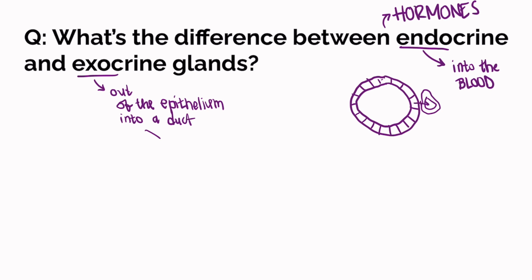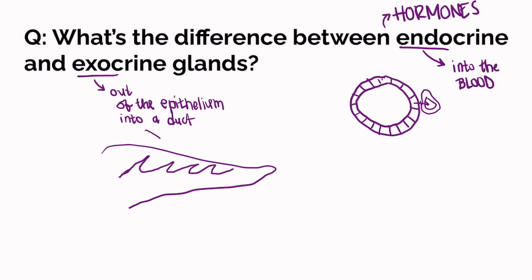Well, your pancreas is actually an endocrine and an exocrine gland, but your pancreas, let's draw it like this, has a pancreatic duct in between. That is literally a tube, where all the secretions go into and then empty out into the duodenum.